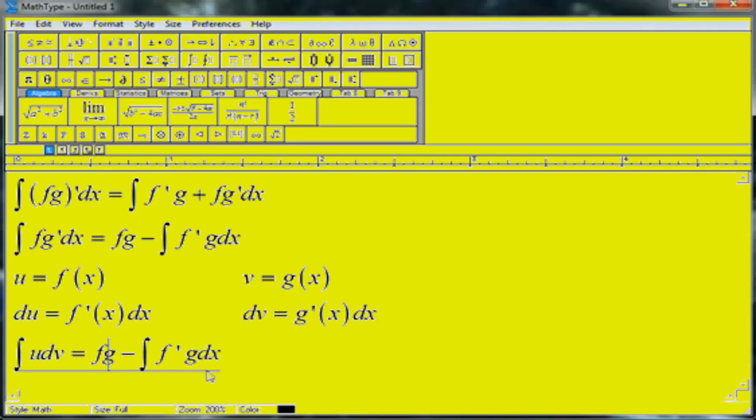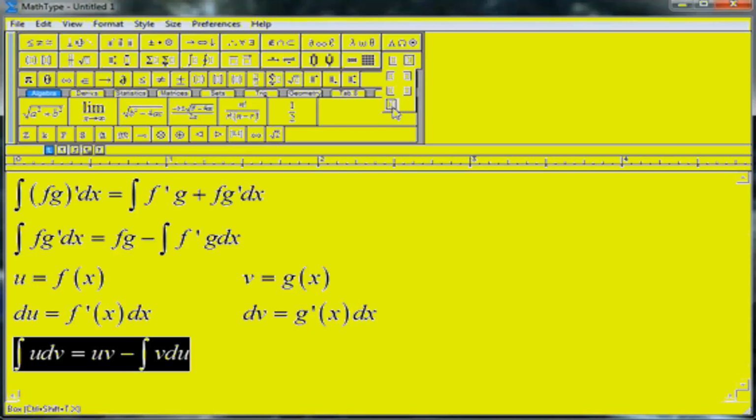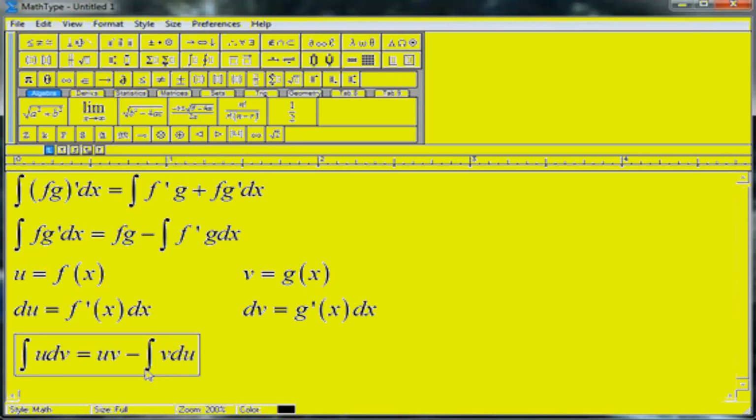And the right side, we replace f with u, g with v, and then we have f' dx, which is du, and then g is v, so this is v du. And this is the standard form of integration by parts.